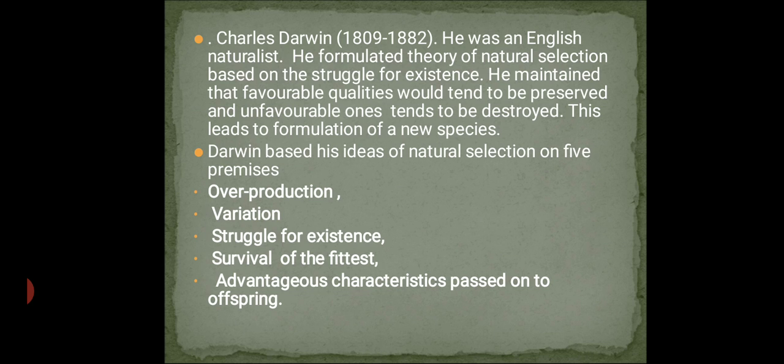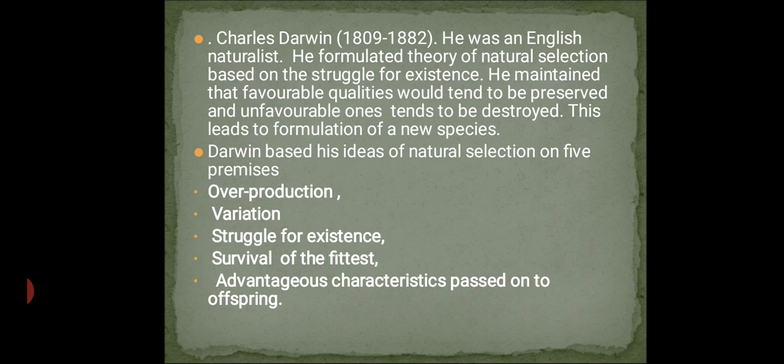The idea of Darwin's work is based on five premises. One, overpopulation, that is overproduction. Two, variation. Three, struggle for existence. Four, survival of the fittest. The last one is advantageous characteristics passed on to offspring.